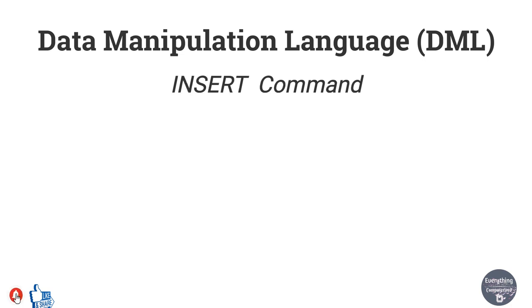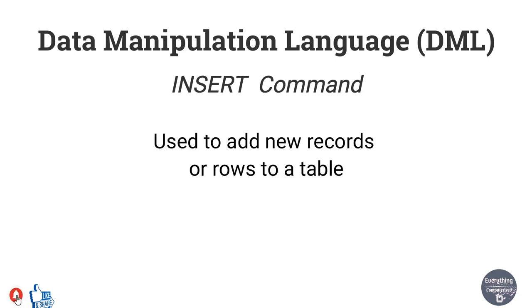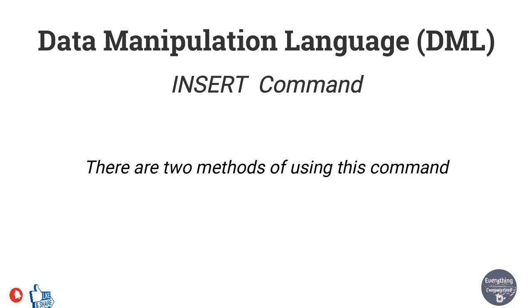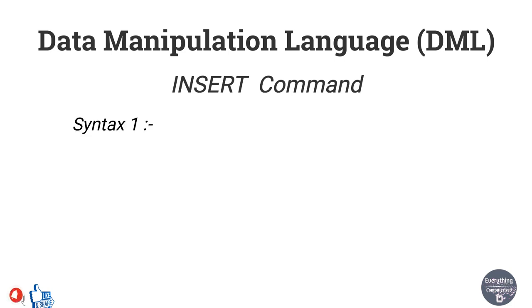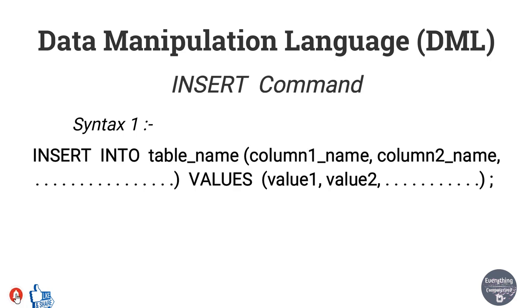Now let's talk about the second command of DML, that is the insert command. This command is used to add new records or rows to a table. There are 2 ways by which we can write the insert command. The first syntax of the insert command is insert into table name, and within the brackets we have to write the names of the columns in which we have to insert new data.